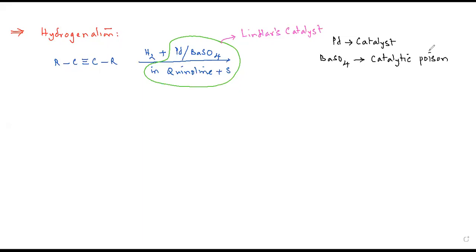Why is this catalytic poison used? You know, a poison actually reduces the activity of the catalyst. Suppose you go for hydrogenation in the presence of Lindlar's catalyst, you get this.